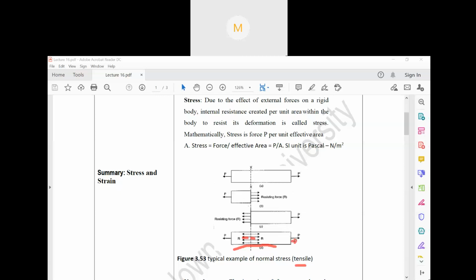If you see the direction of the arrows, there is a pull on both sides. That means this is tensile. But had it been in the opposite direction, this could have been compressive. Just try to understand it.